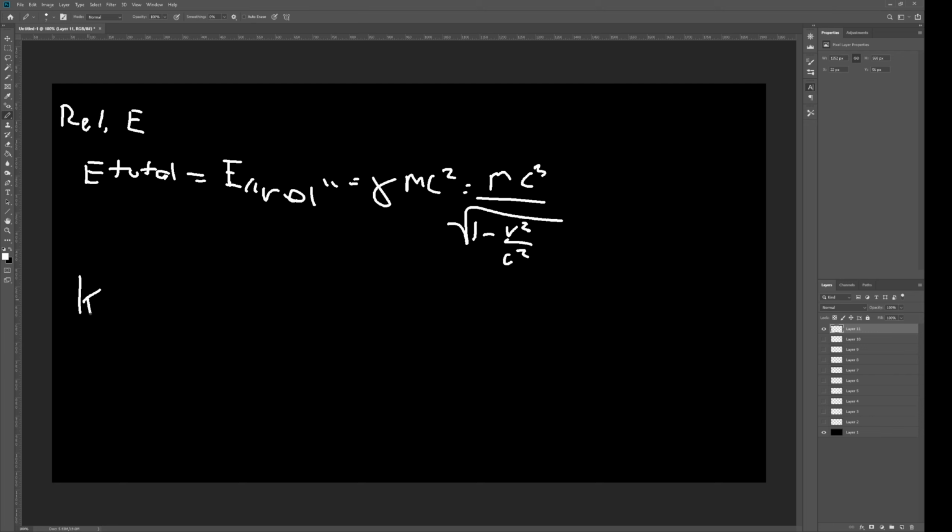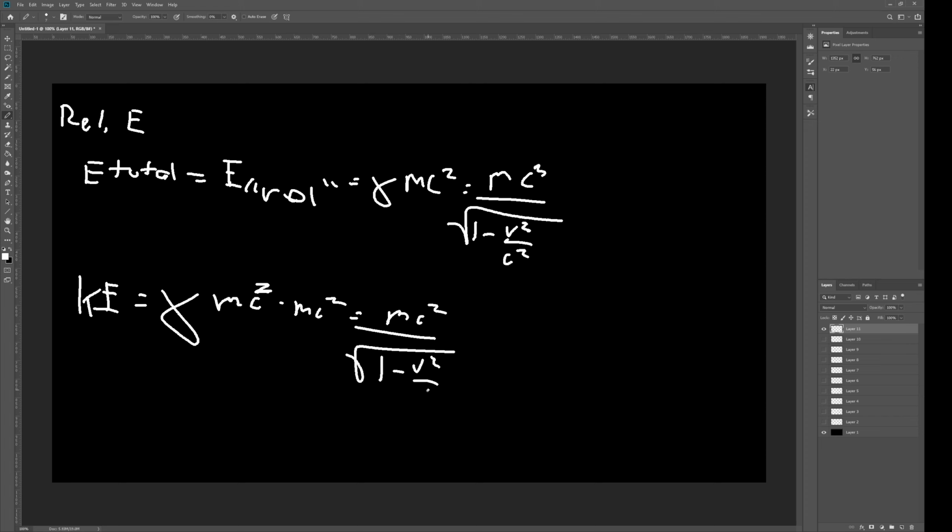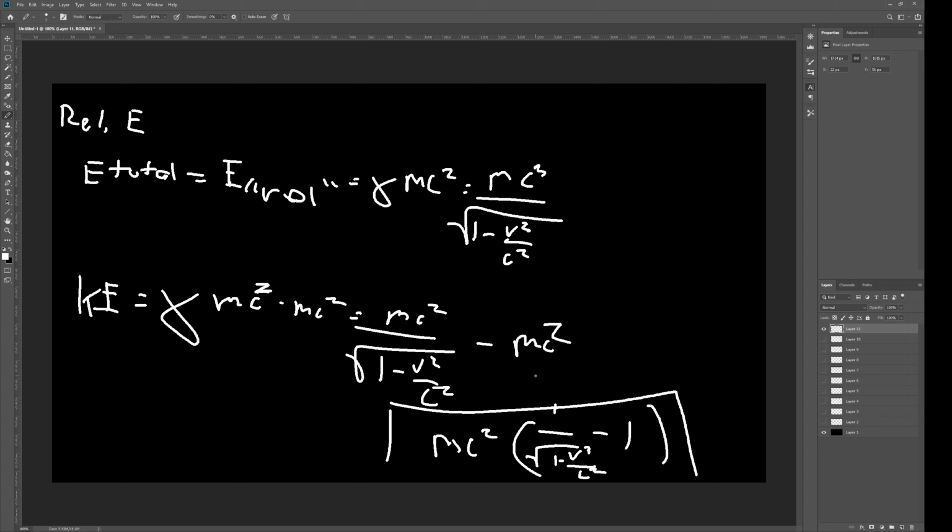And we have KE, which is kinetic energy, equal to the goofy little symbol mc squared minus mc squared, which is mc squared times 1 over the square root of 1 minus v squared over c squared, minus 1. And that's the equation for KE, or kinetic energy.